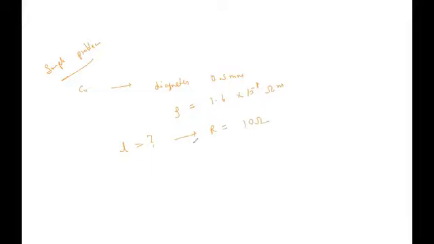Can you repeat the question again? So you have a copper wire and this wire has a diameter 0.5 millimeter, and resistivity is 1.6 × 10⁻⁸ ohm meter. The question is, what should be the length of the wire such that resistance is 10 ohm?